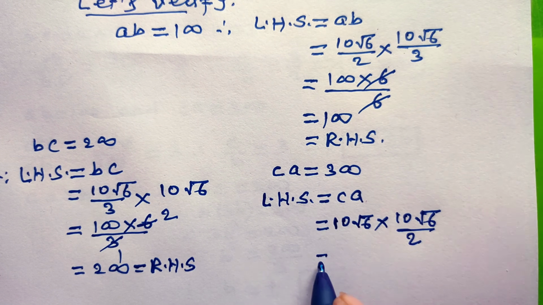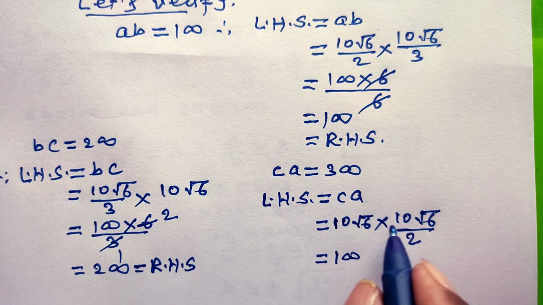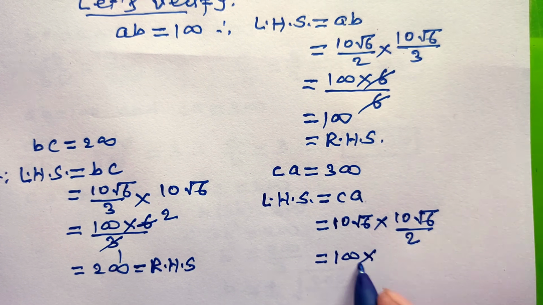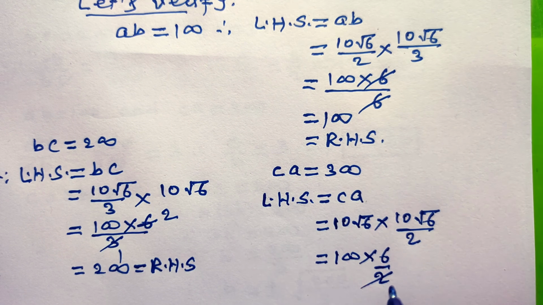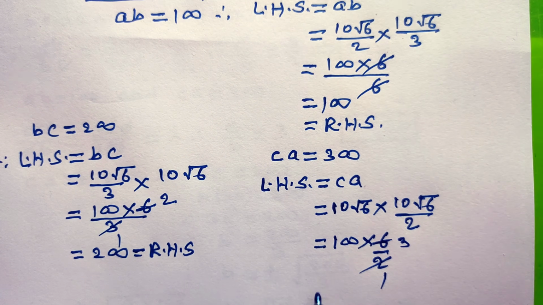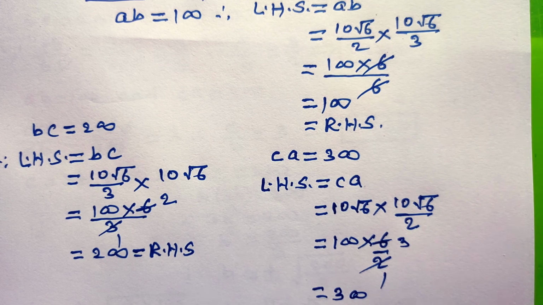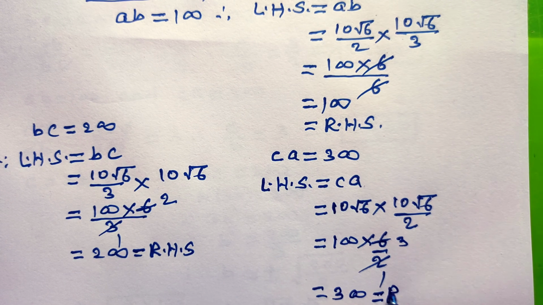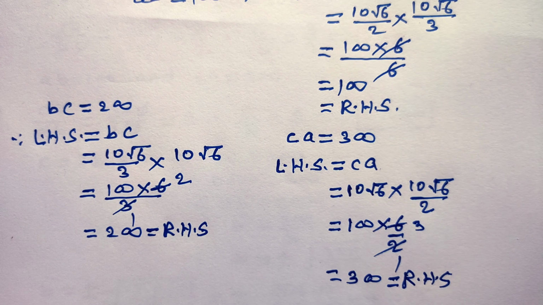So this is equal to 10 into 10, 100, root 6 into root 6, 6, divided by 2, 2 1 ja 2, 2 3 ja 6. Hence this is equal to 3 into 100, 300, which is equal to RHS. In this way, positive values of ABC are verified and our answer is correct.